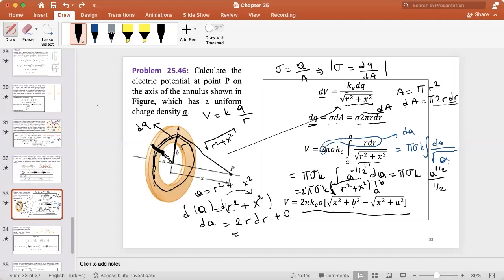Okay, here it is much better. There is a square root. So when you put that information in, of course it will return the square root of X square plus B square minus the square root of X square plus A square. I hope you understand this part. We can move to the other question, the last question.